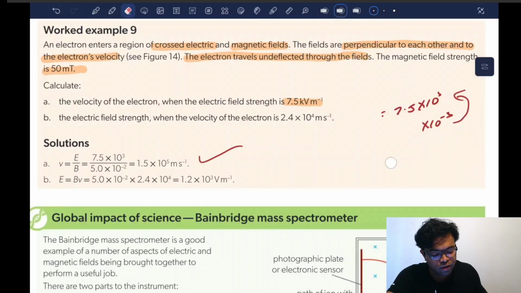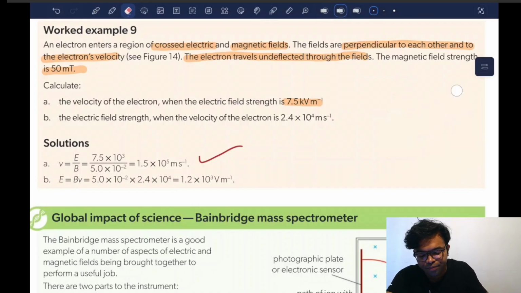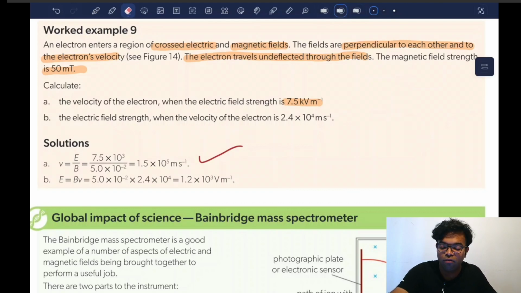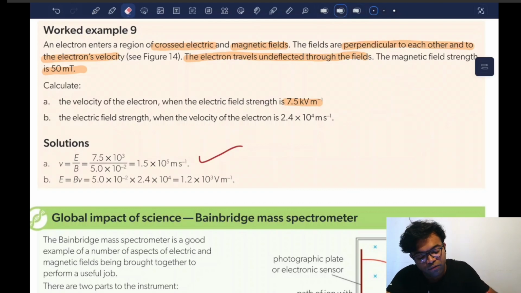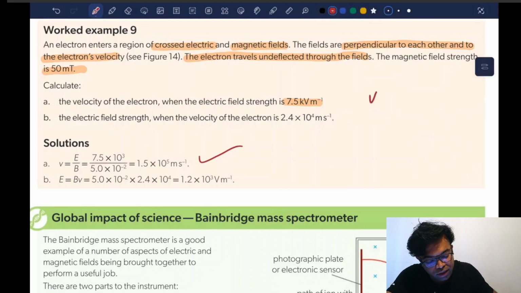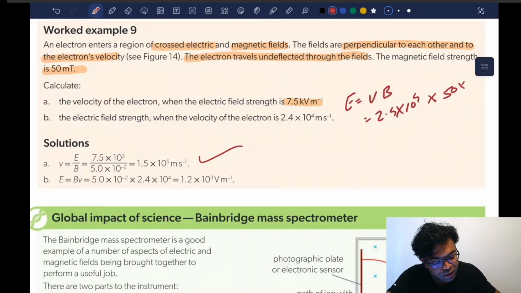You need to calculate the electric field strength when the velocity of the electron is 2.4 into 10 to the power of 4 meters per second. We have the velocity, so we know that E is equal to VB, which is 2.4 into 10 to the power of 4 multiplied by 50 into 10 to the power of minus 3.